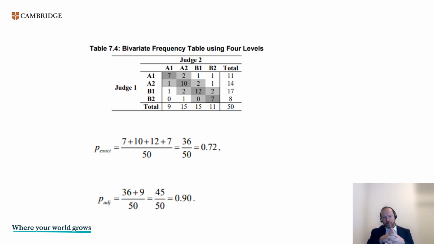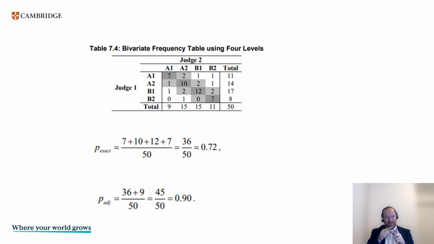But you can also do something called an adjacent agreement calculation, which looks at the distance between not the exact, but the ones next to the adjacent scores. So you can see here that what you do is you take that 36 that we just did in the previous calculation, and you add 9 to it. Well, the 9 comes from the scores which are next to the scores in the table.